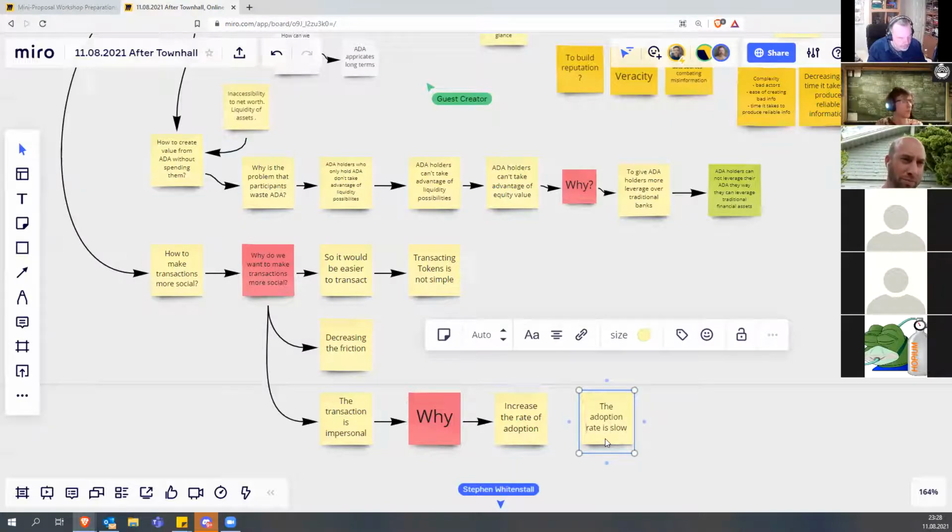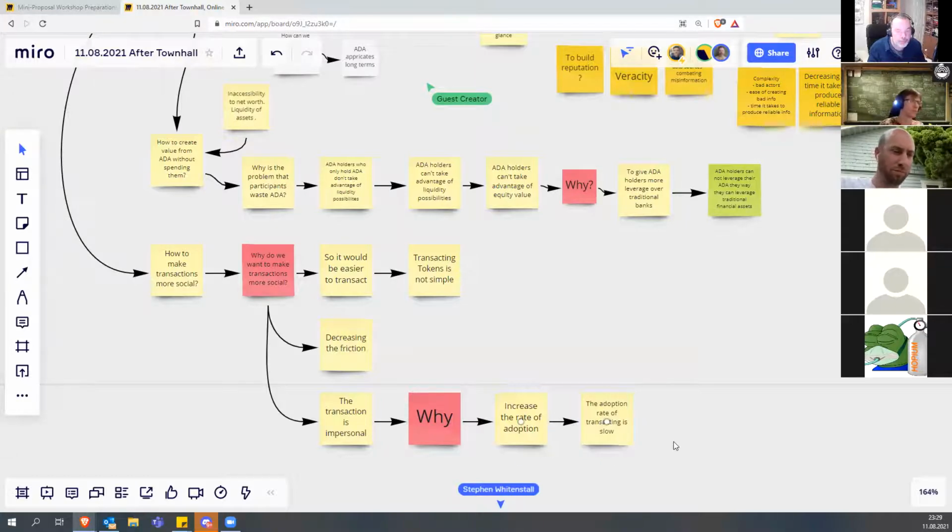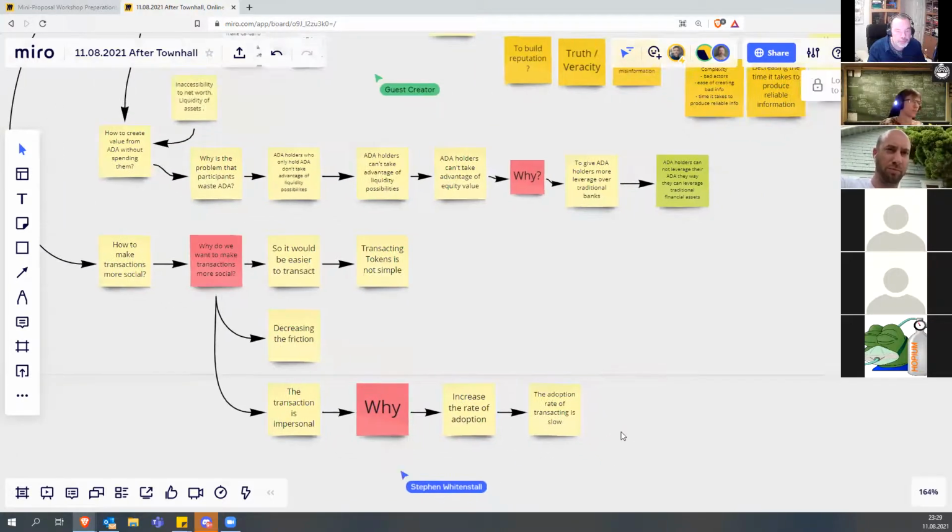That would be a way of gatewaying people into Cardano a little bit easier, and then you'd be sending them value. That would also increase the reason why somebody would want to check out Cardano. Absolutely. And that's in competition with Ethereum, I suppose. It's about driving adoption, isn't it?